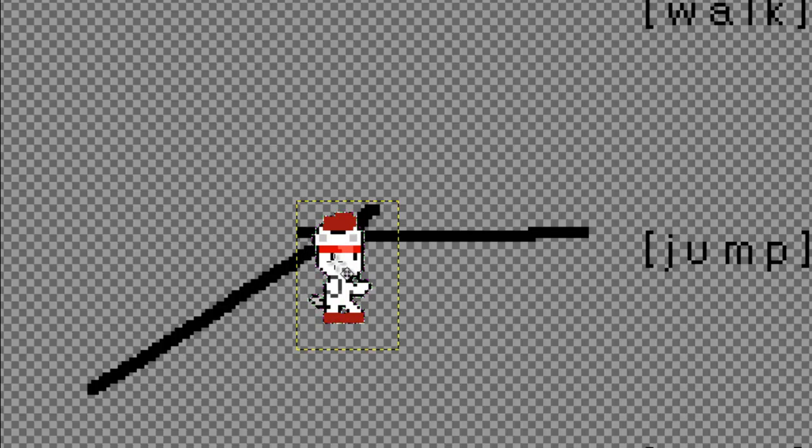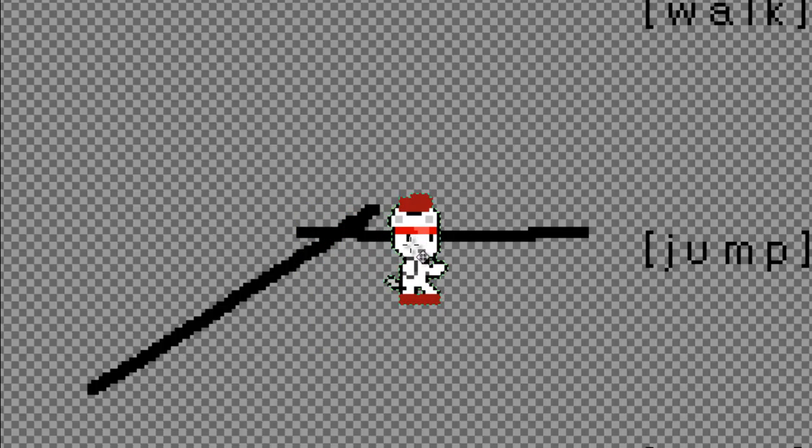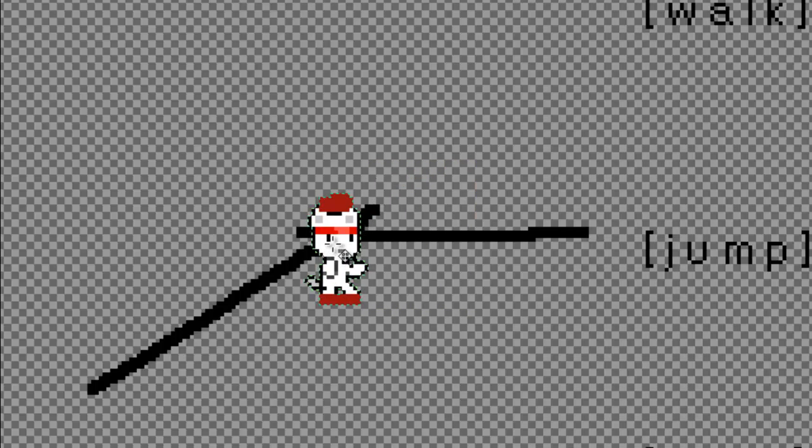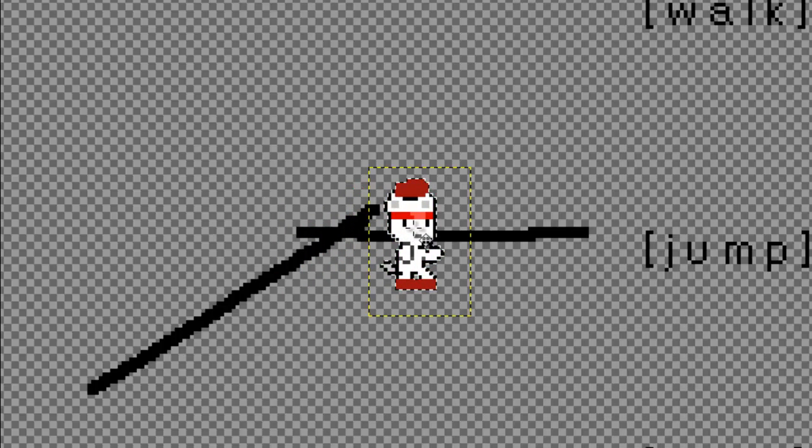But if we suddenly move so fast that when we add our dx, are we still on a platform? No, we're no longer on a platform. Are we still on a slope? Yes, but after a large amount of dx, we go here, and then all of a sudden, are we still on a slope? No. And so we're going to fall.